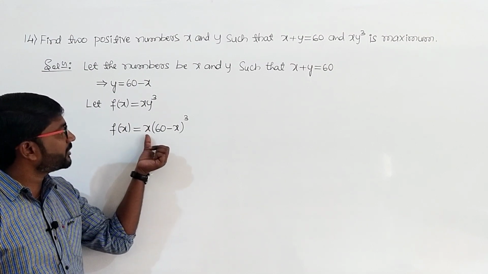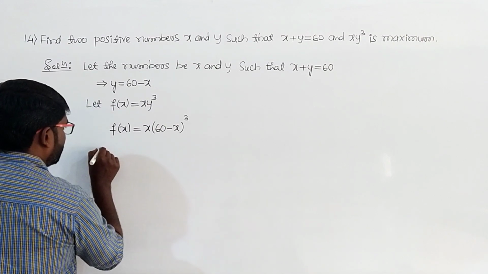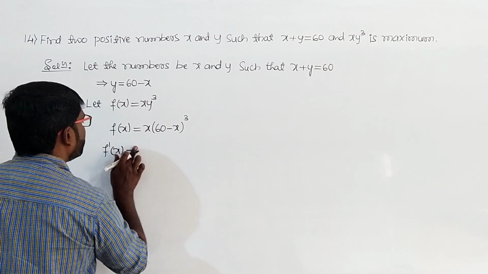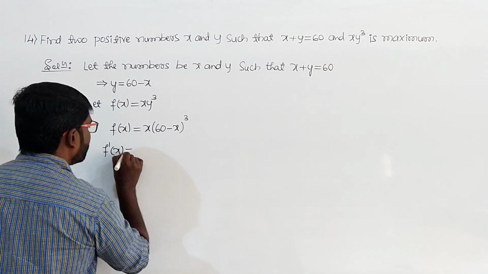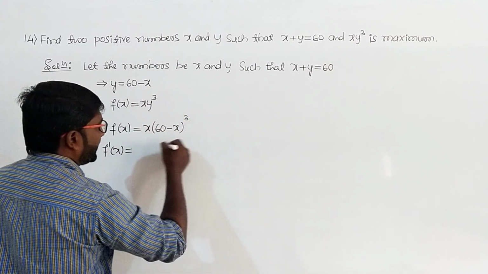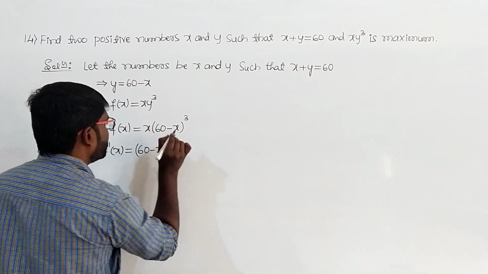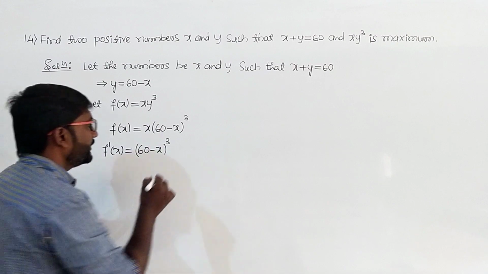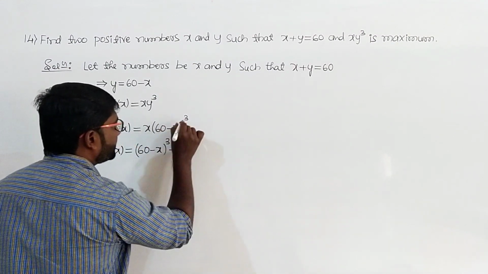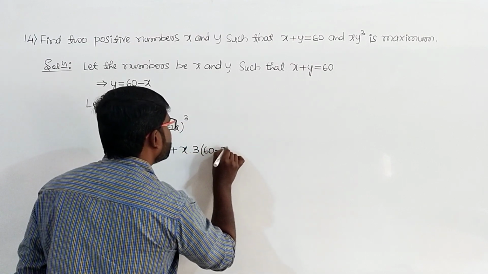Here you will have to apply the product rule, u into v formula, u dash v plus u v dash. So f dash of x equals the derivative of the first function, which is 1, into the second term, 60 minus x the whole cube. That means we have got u dash v plus u v dash. Write the first function as it is and differentiate the second one. You get 3 times 60 minus x the whole square.